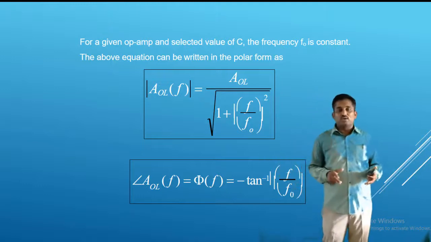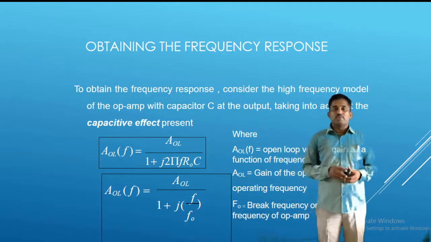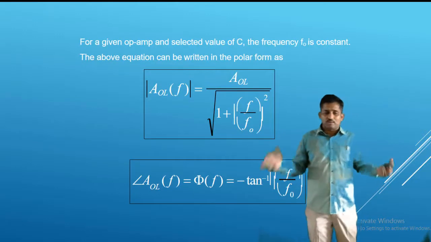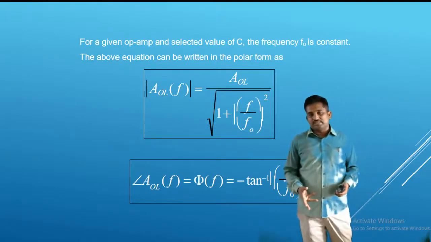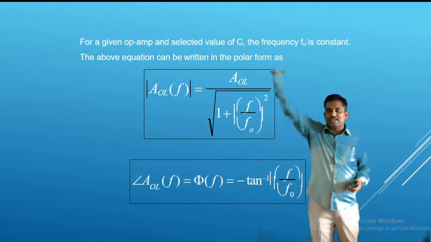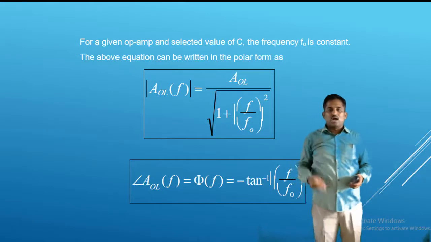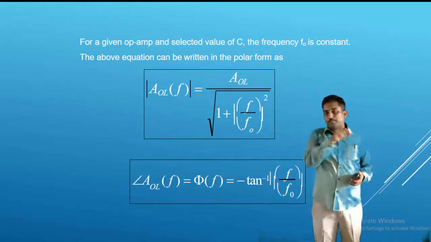Here we are having 1 plus j into f by f0. So we will get square root of 1 plus (f by f0) whole square. And the phase angle will be represented as minus of tan inverse of imaginary part by real part. And if we are having the pole, then we will get minus tan inverse; if zero, then plus tan inverse.